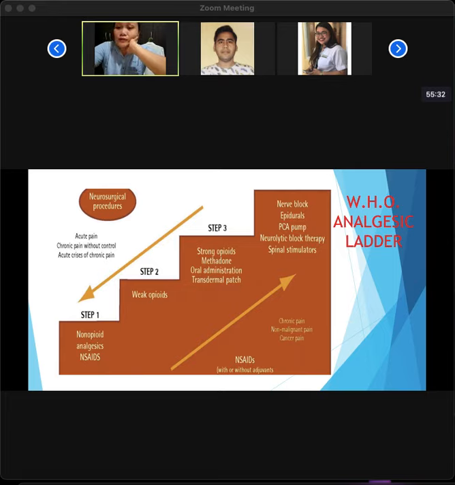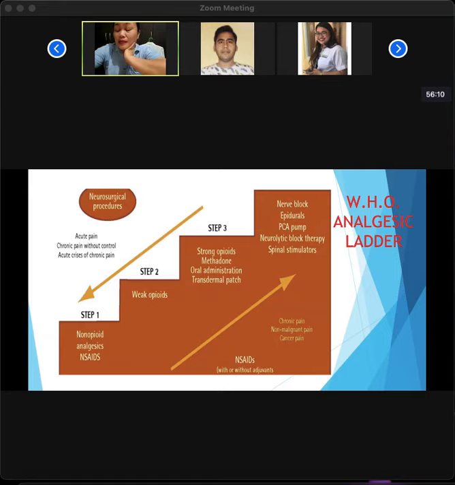Okay? So remember, class, if you have acute pain, you should start at the higher kind of pain reliever and then go down. If you have chronic pain, usually you start at the bottom, at the weakest drug, and then go up, so that the patient does not develop tolerance.